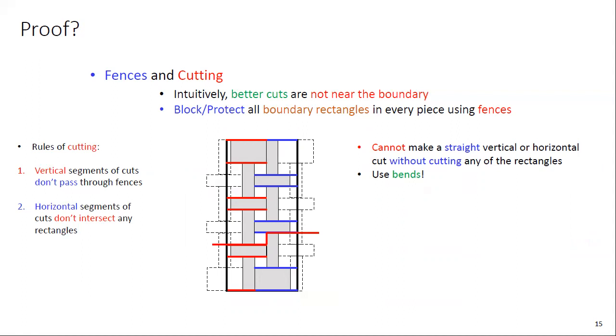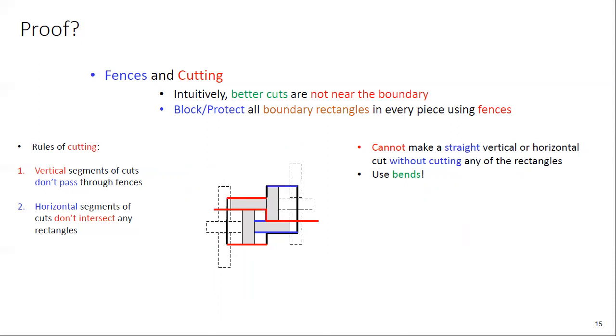We necessarily have to cut one fence. So what we will do this time is use some bends in our cut. Here we will make this cut, and it will create some new piece. Here we will maybe use this cut, and then we can cut like this.